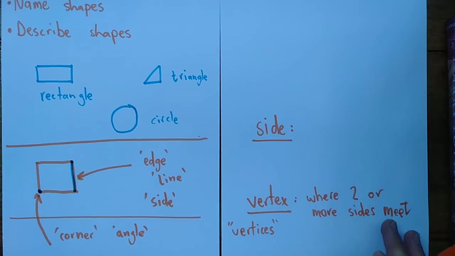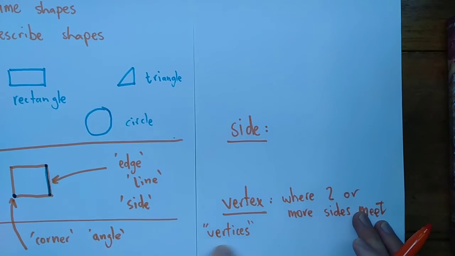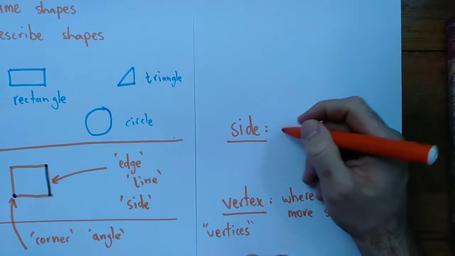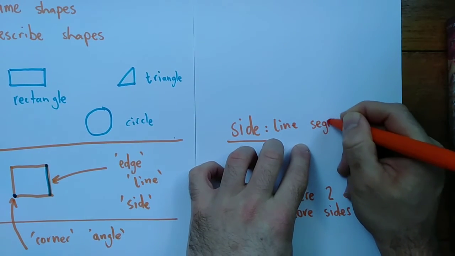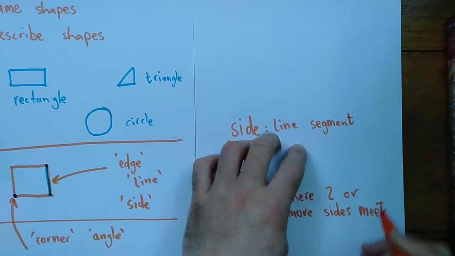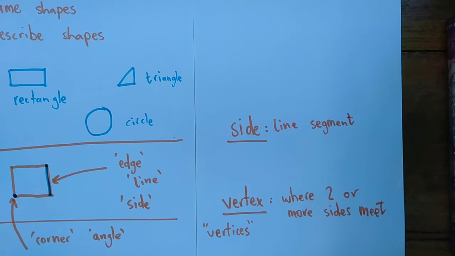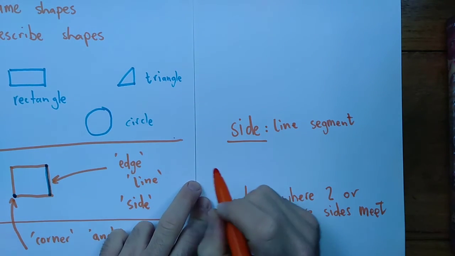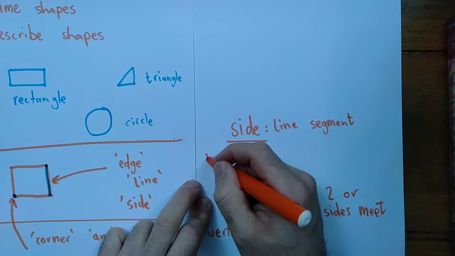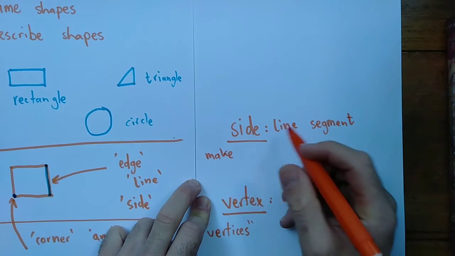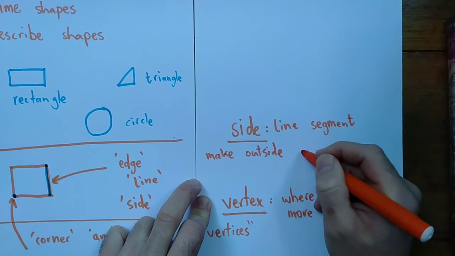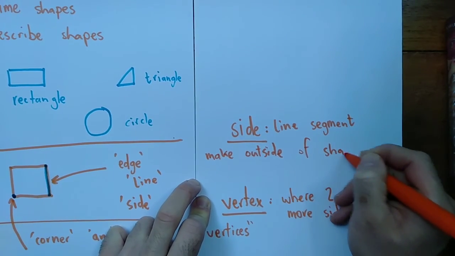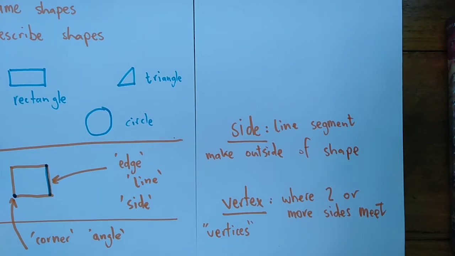And we're going to define a side as the line segment that makes the outside of the shape.